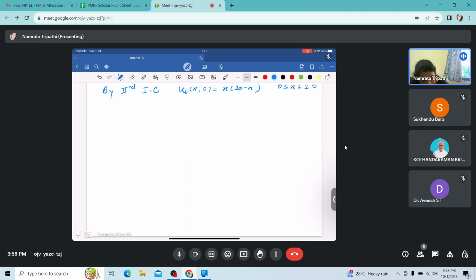So the expression becomes x(20 minus x) equals, after differentiating and putting t equals 0, you will get c n pi upon L into bn sin n pi upon L into x. Fine. Now how to find the value of bn? X is from 0 to 20.